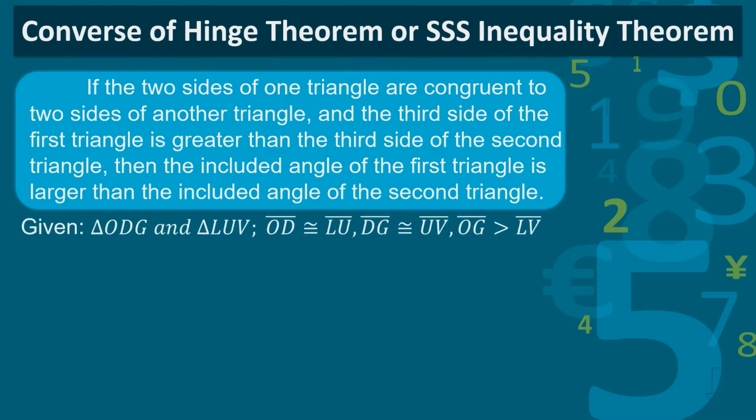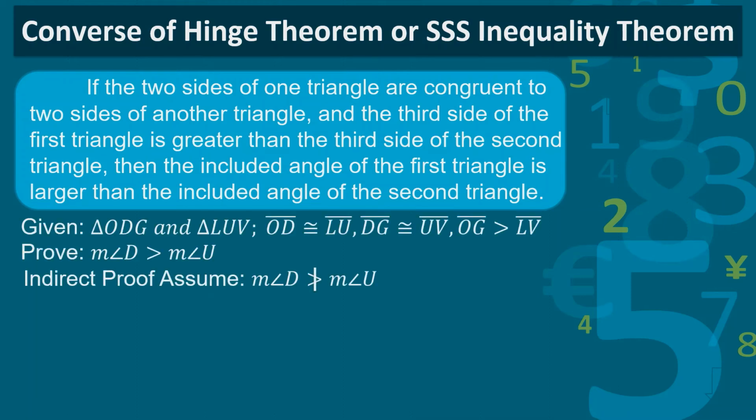Okay, so let's have our example with the given triangle ODG and triangle LUV, wherein OD is congruent to LU and DG is congruent to UV, but we have OG greater than LV.